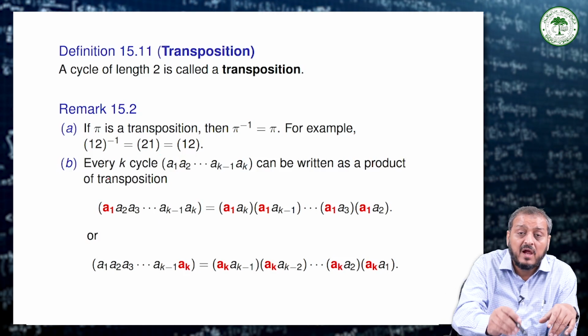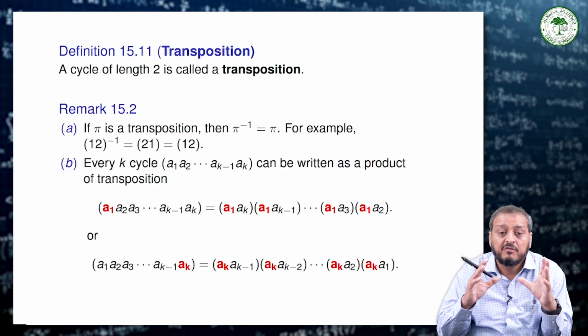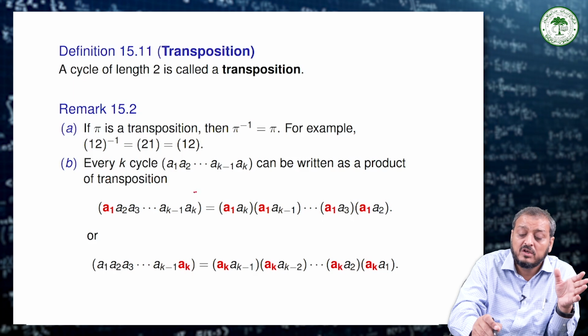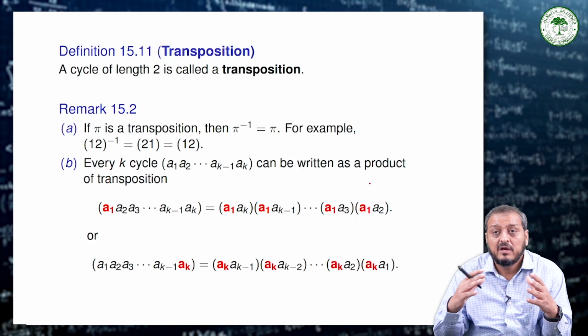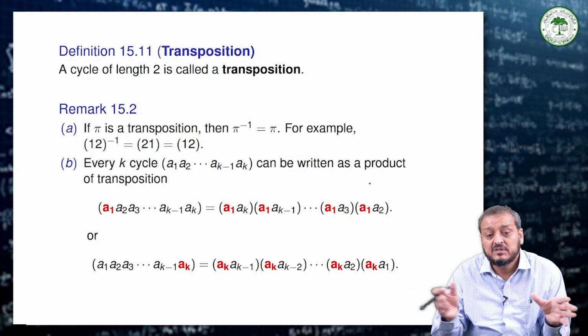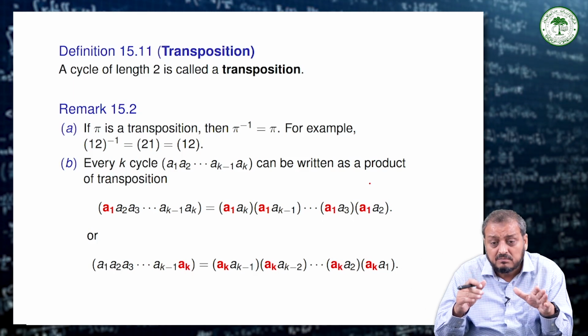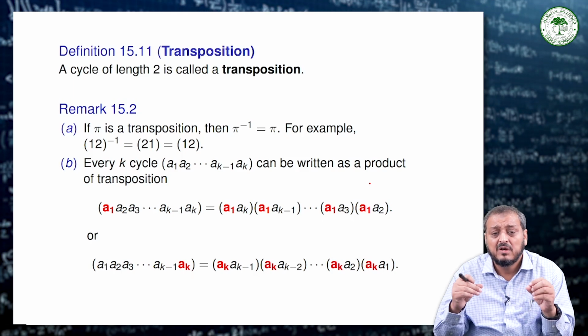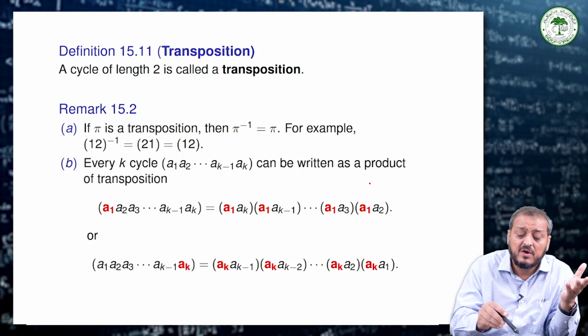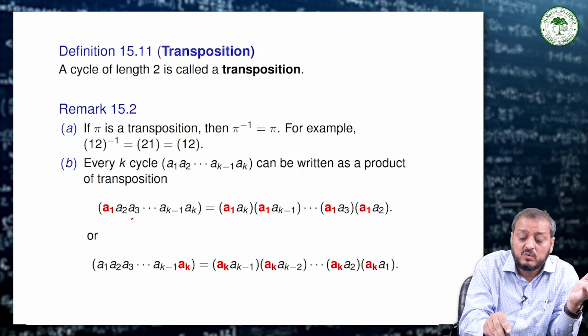Every k cycle (a1, a2, up to ak) can be written as a product of transpositions. This means every cycle of a permutation can be written as a product of transpositions. Suppose we have the cycle a1, a2, up to ak.